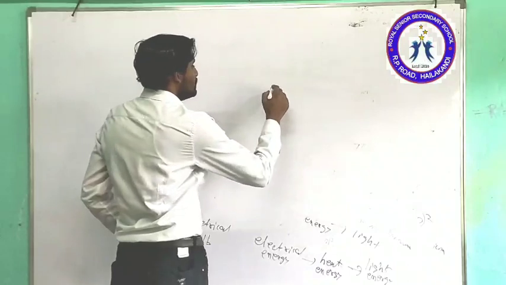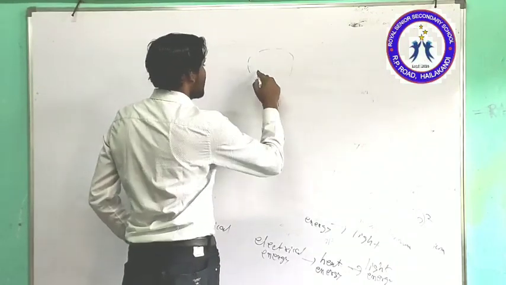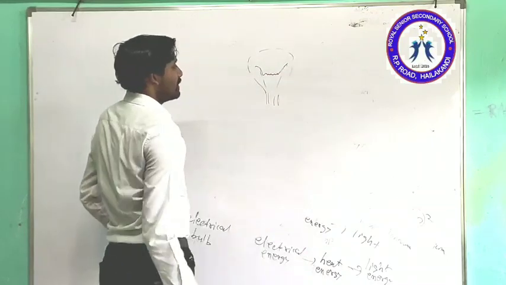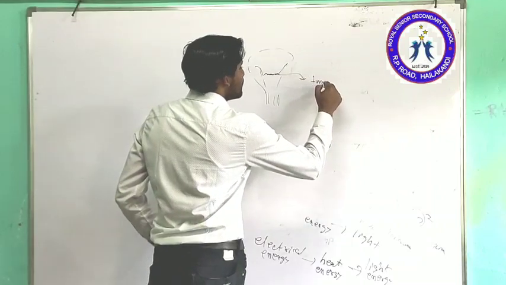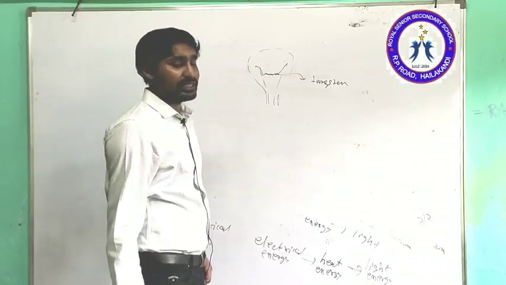We use a filament there, and that filament is made of tungsten metal, which has a very high melting point.